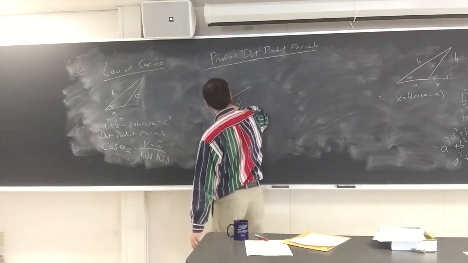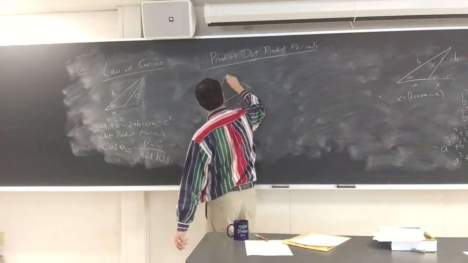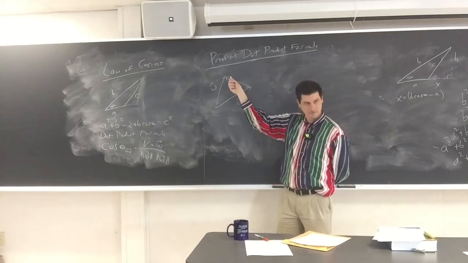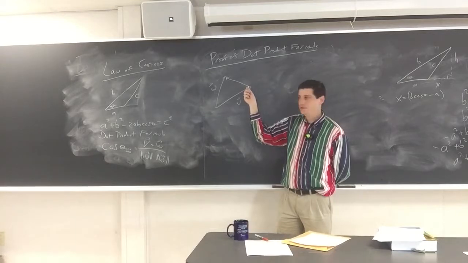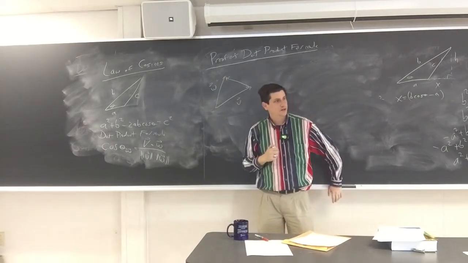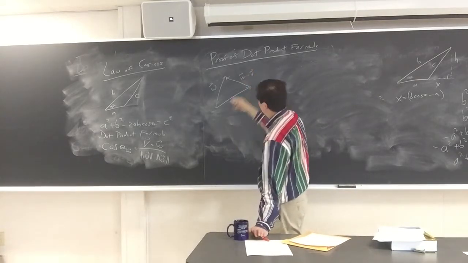So here's v, here's w. What do you think this vector is over here? So what would be this vector? It's w minus v. Excellent. And look at it this way.